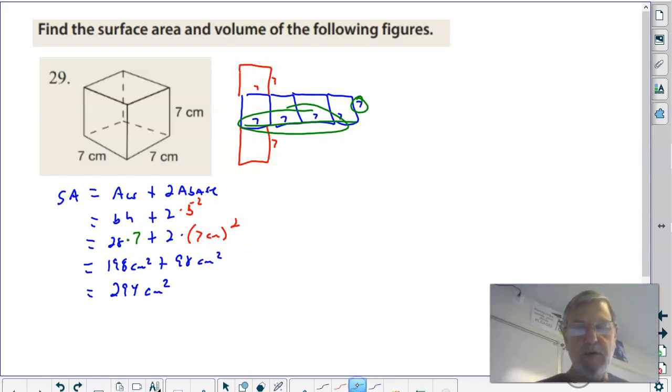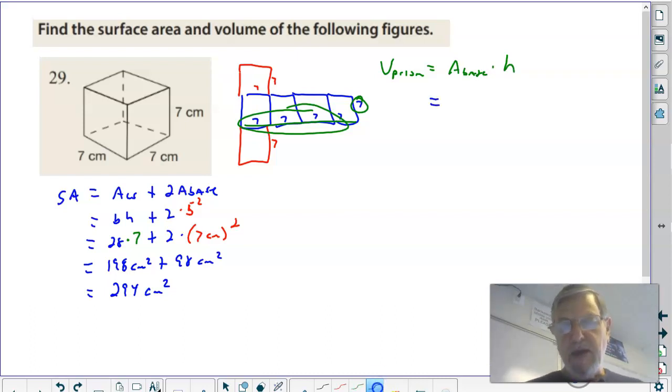All right, volume. Volume of a prism. A cube is a prism. So it's a two-sided figure, right? And so it's the area of the base times the height. All right, the base is a square, so I can use side squared, or I can use base times height, same thing, and then times, of course, the height of the whole cube.